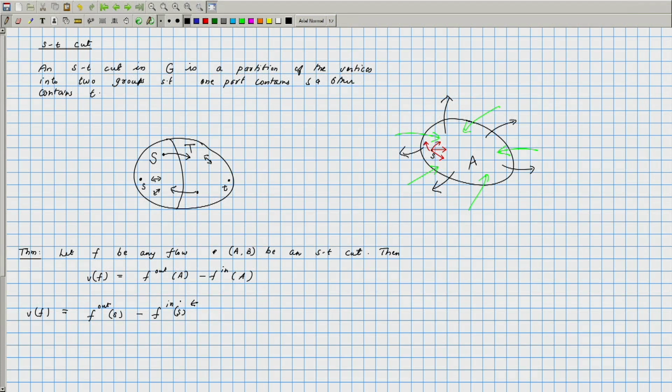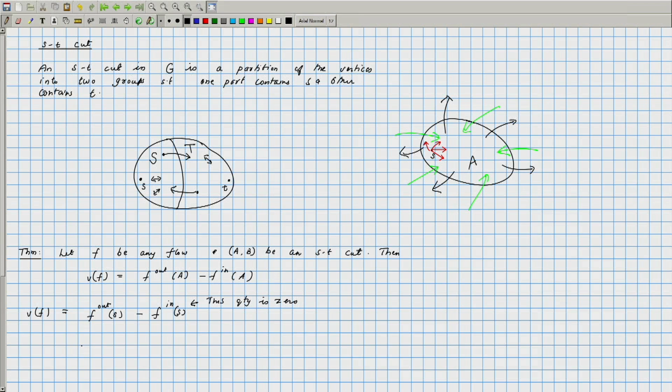So, as this is 0, we can write this equation. So, F out minus F in for the particular node S gives the value of the flow.